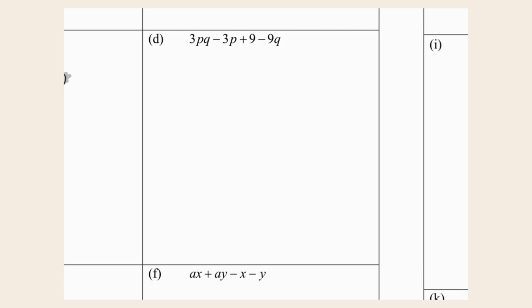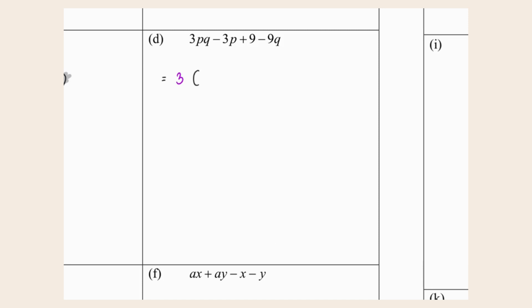And now, let's proceed on this question. The very first thing I saw that is common among all the terms. Yes, there is a common factor among all the terms. And that is the number 3. So that is the very first step that I'm going to take.